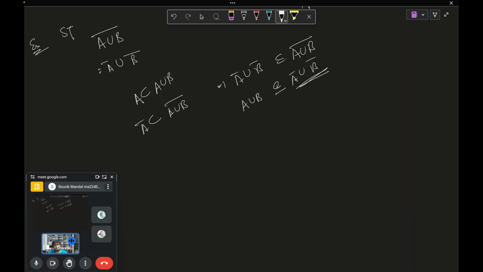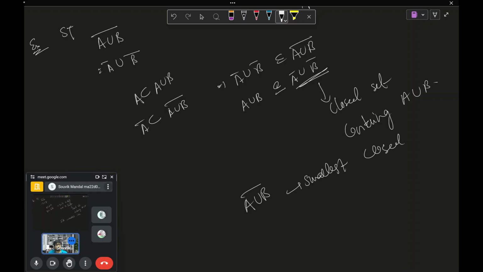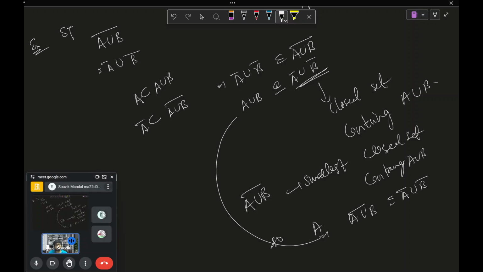Now, A closure union B closure is a closed set containing A union B, and the closure of A union B is the smallest closed set containing A union B. So this implies the closure of A union B is a subset of A closure union B closure. So these two give the equality. Do you understand?